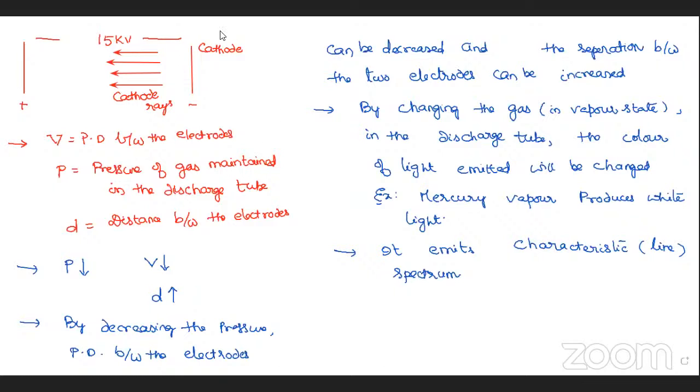So here, suppose the relation, if I want to write: P is inversely proportional to V. If P is increased, you can decrease the potential difference. And I can write P is inversely proportional to D. If P is decreased, D can be increased.